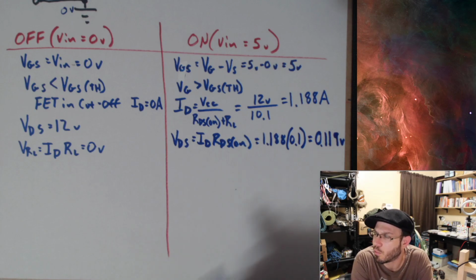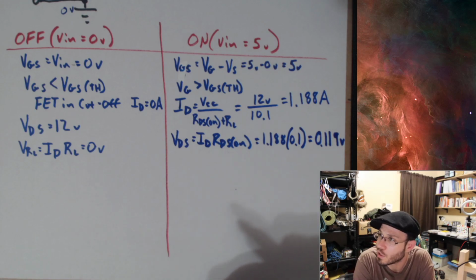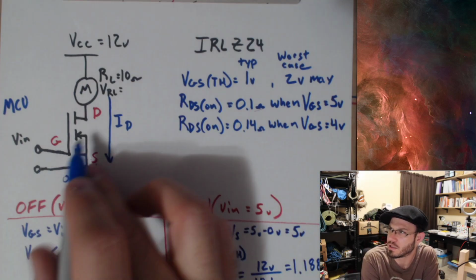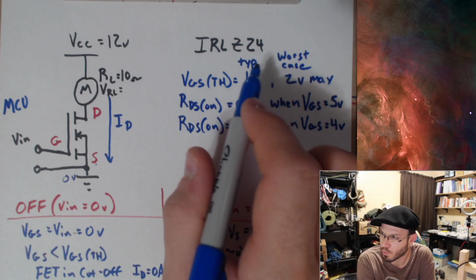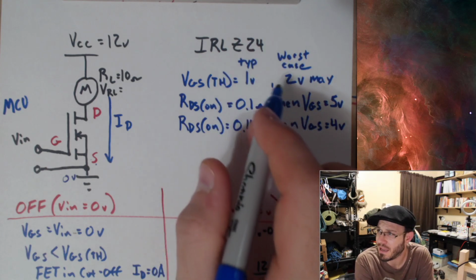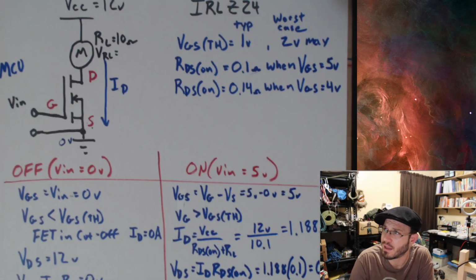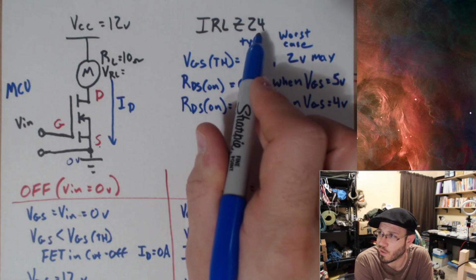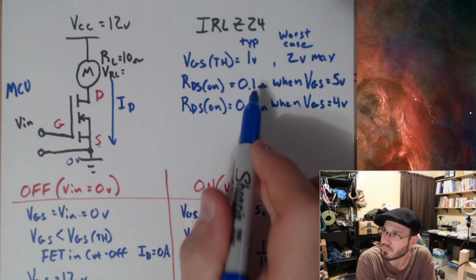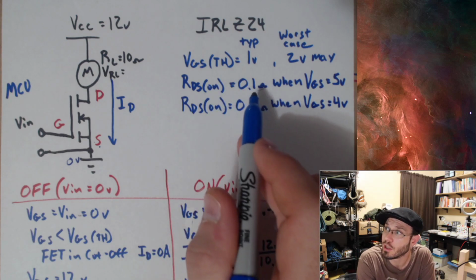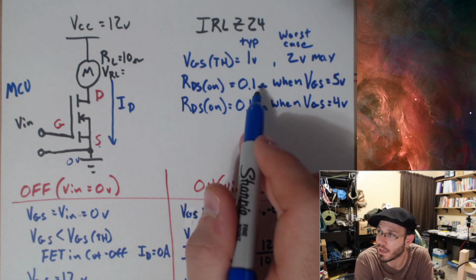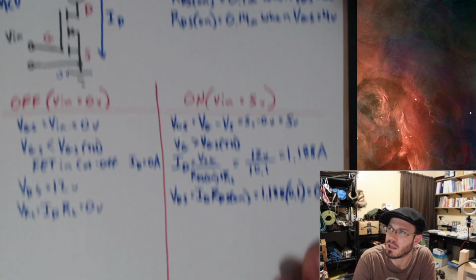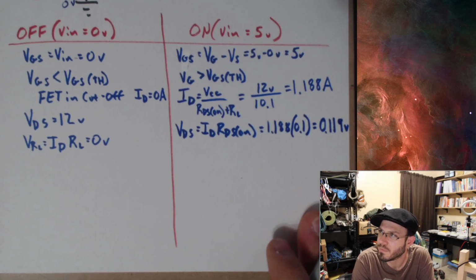I can get them down to like 0.01 or even lower because I'm speccing out better MOSFETs. This IRLZ24 is one that I picked from the book that they used in an example. The IRLZ24 is not that great of a MOSFET, but you can get much lower than this, like 0.01, for not much more cost than an IRLZ24.